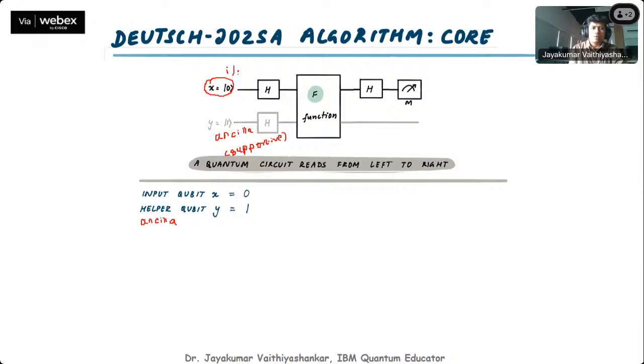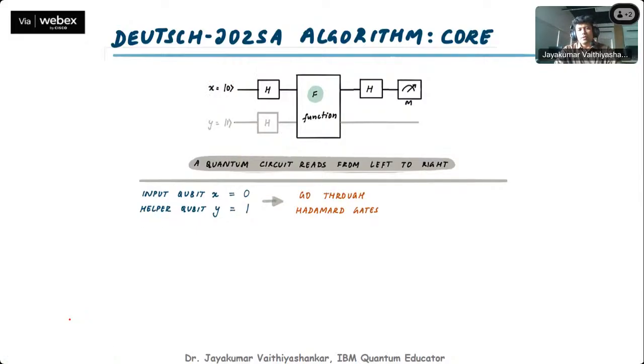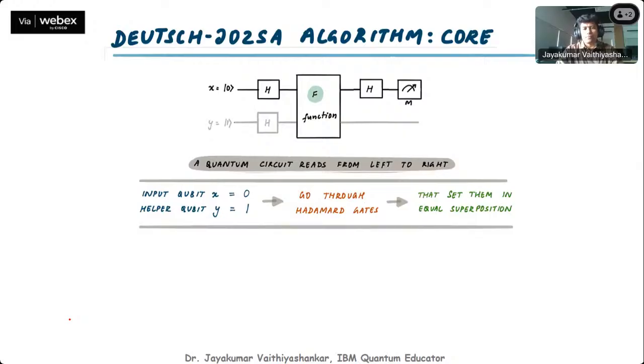This is the single output. This is a single qubit example. Each qubit will go through the Hadamard gate, which will set them in equal superposition. So you don't say just superposition; whenever you look at a Hadamard gate, it always creates equal superposition.